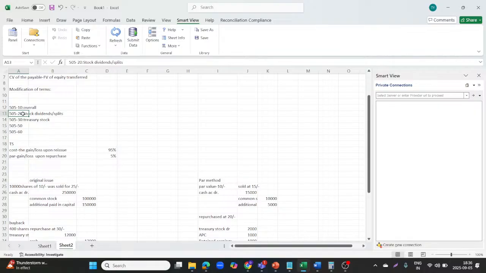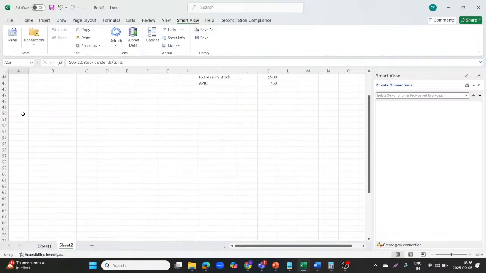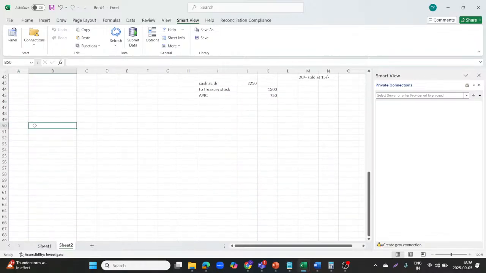I'll just note down some important points: 10,000 shares at 10 par value, then a stock dividend of 800 shares when the fair value was 20 per share.